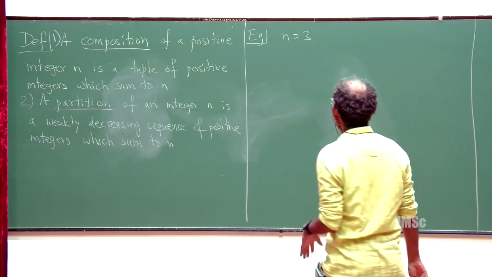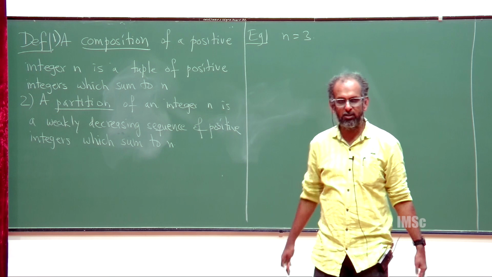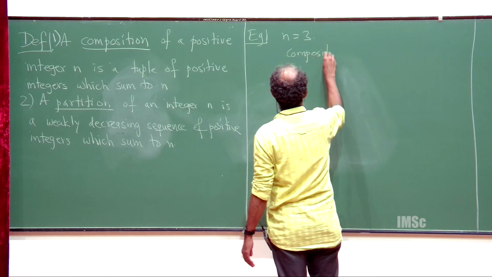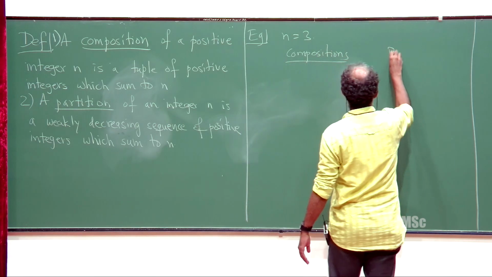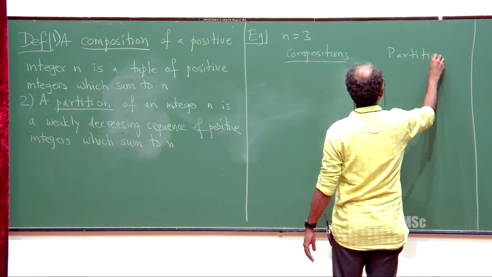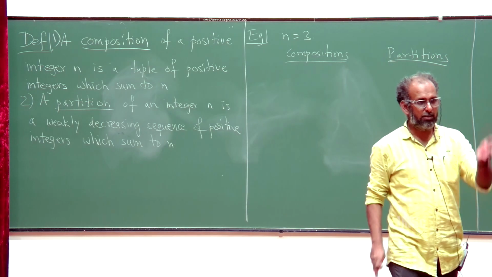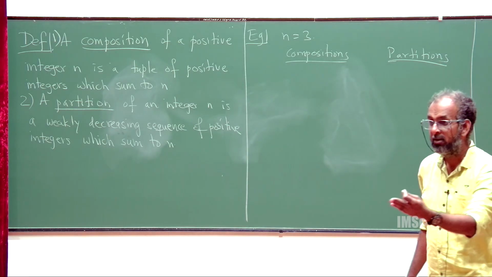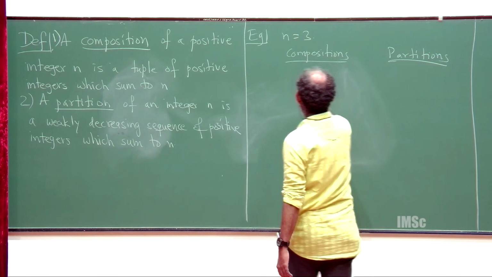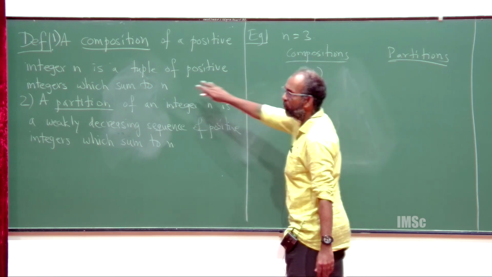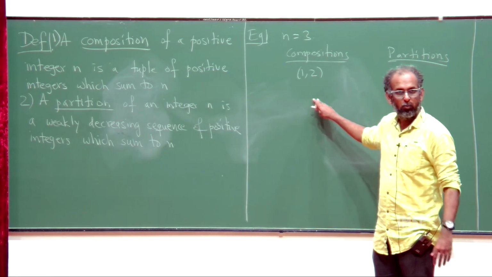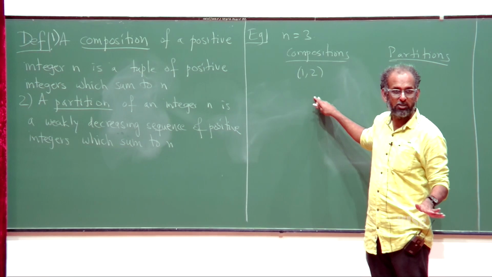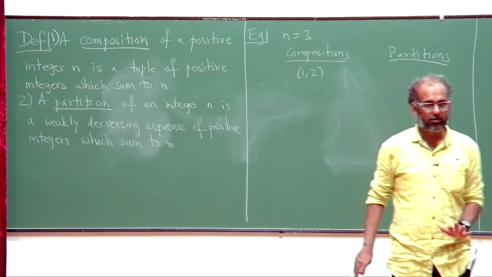Here we'll do compositions and here partitions. Can someone give me an example of a composition of 3, anybody? 1, 2, thank you. So that's one composition. It's a tuple of numbers, and what is the property? They sum to 3, and they are all strictly positive. We don't allow zeros.